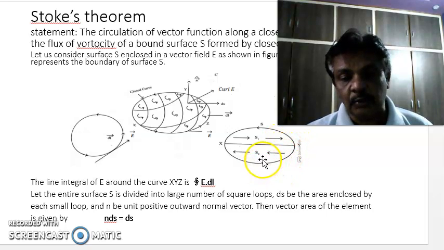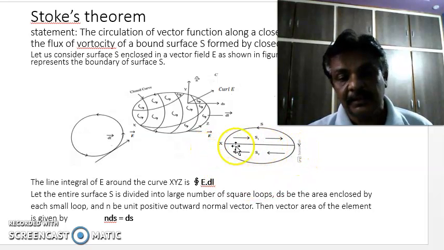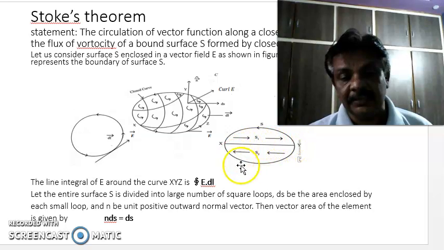The curve C2 is traveling from Y to X in this common part, because the direction is like this. This is S2 and this is S1.